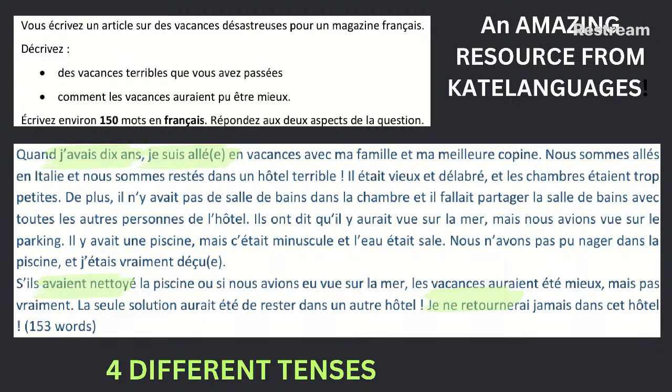Okay. So just in the writing exam, is it English to French or is it French to English? Because I think for AQA and Edexcel, it might be different.